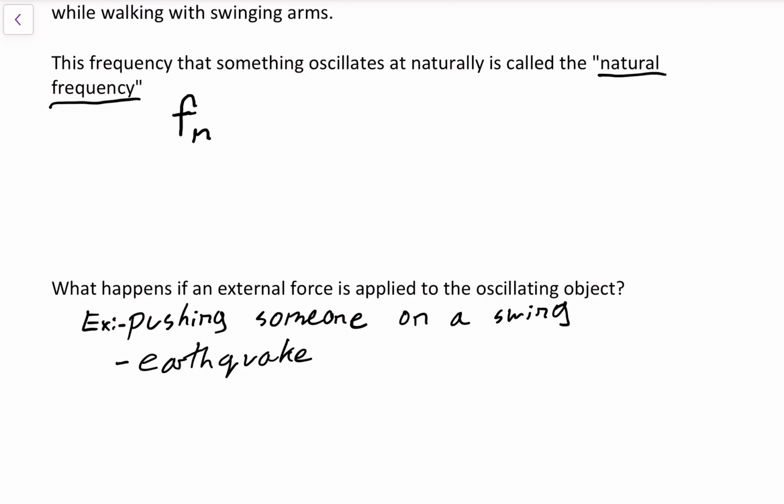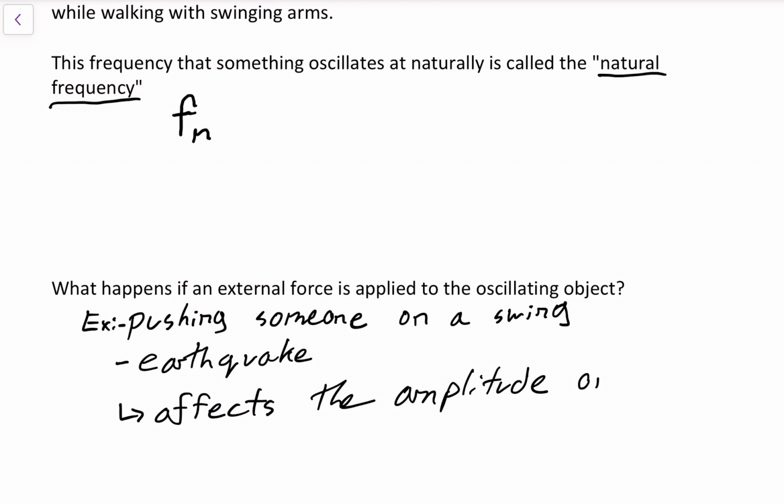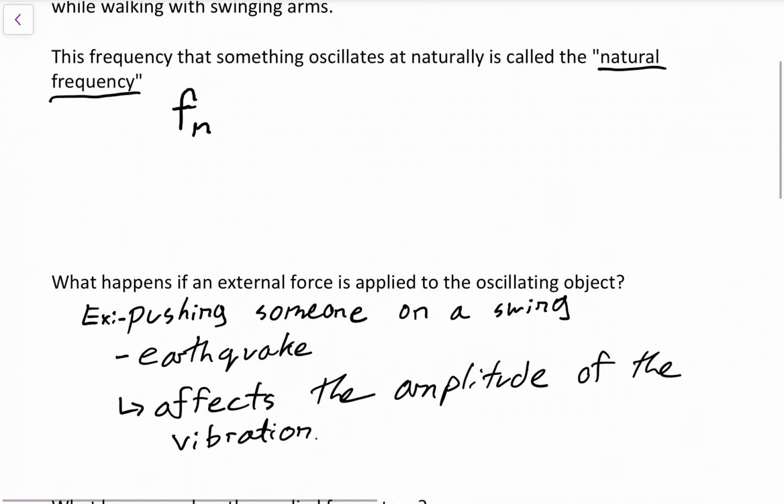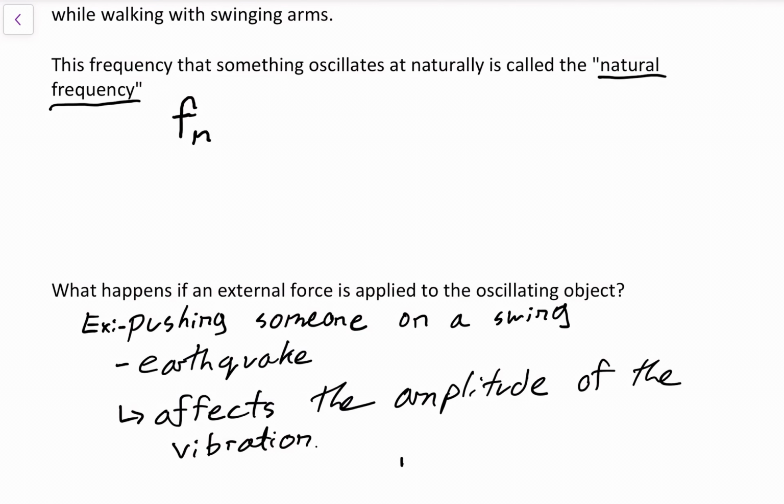So this external force is going to affect the amplitude of the vibration. So for example, if you're pushing somebody on a swing, it's going to affect how high they go, depending on how you are pushing them. For this external force, we use the little symbol Ff to talk about the forced or the forcing frequency.